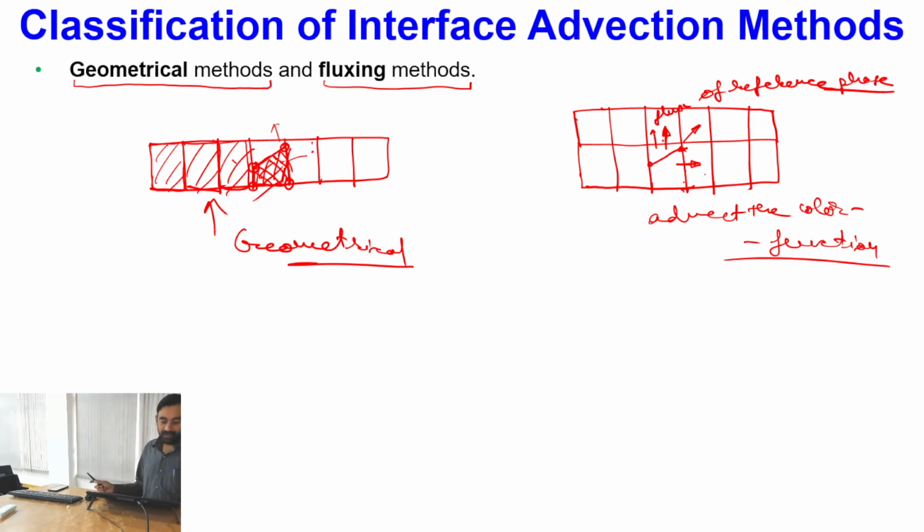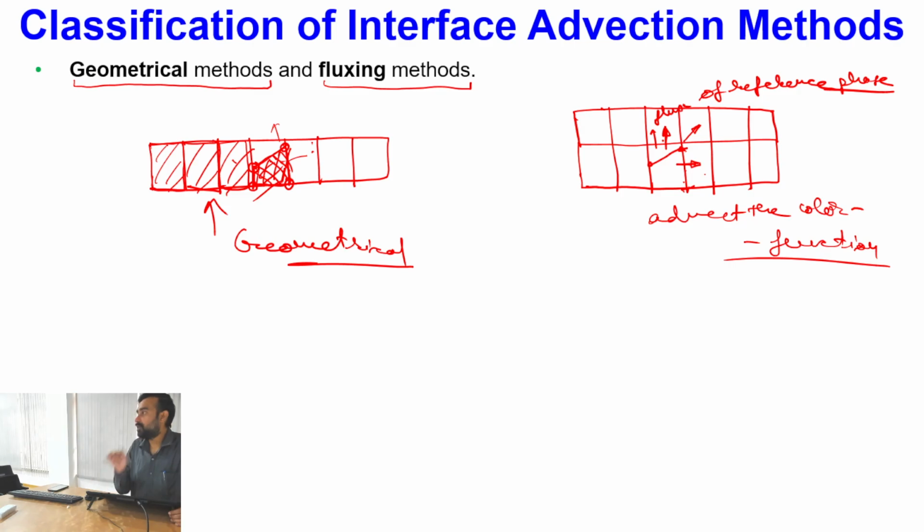So one method is where geometrically we try to map the entire area, we do not solve the advection equation. And the second class of methods is where we calculate the fluxes, and these fluxes are given as input to our algebraic equation, which is nothing but our interface advection equation or color function advection equation. Okay, so those are the two different classes.